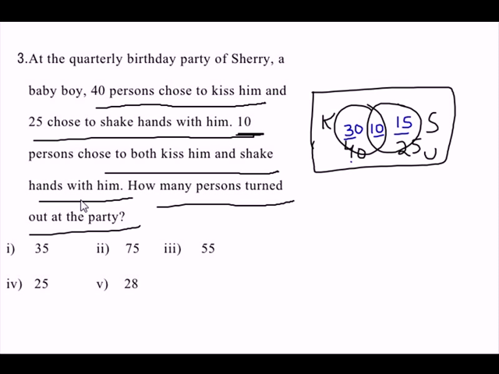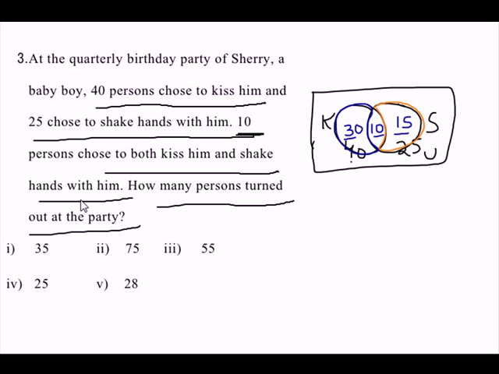30 represents people who only kissed him, which means there is nothing common between these 30 and these 15 who actually shook hands with him.